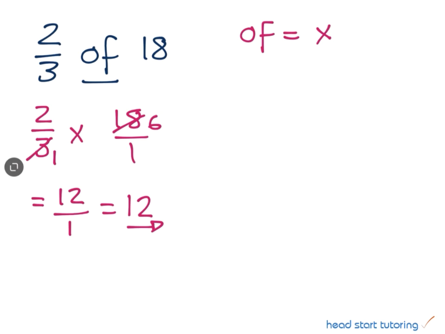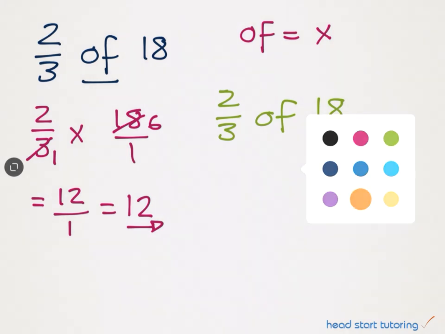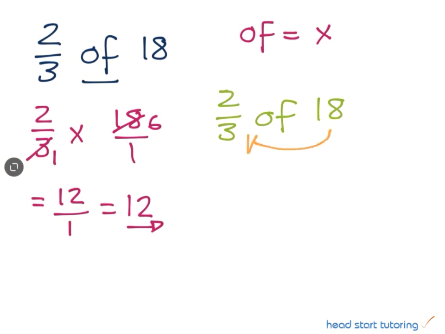Another way that we could have worked 2/3 of 18 out is, what you do is divide. So you say 18 divided by your denominator, and then you multiply that answer by your numerator.